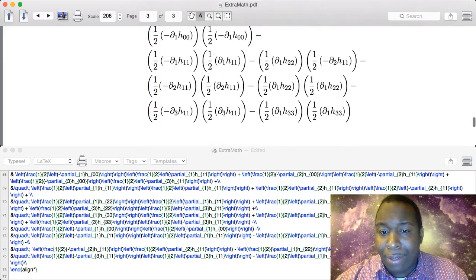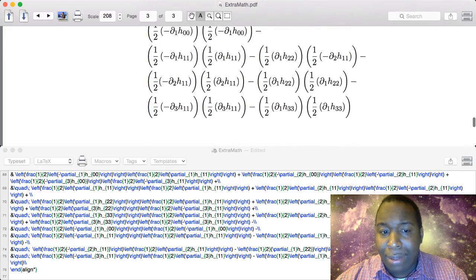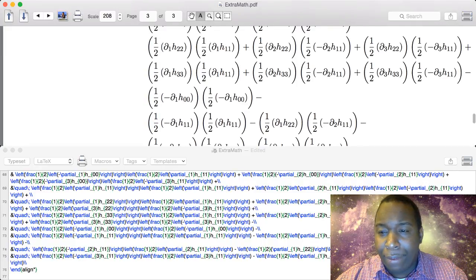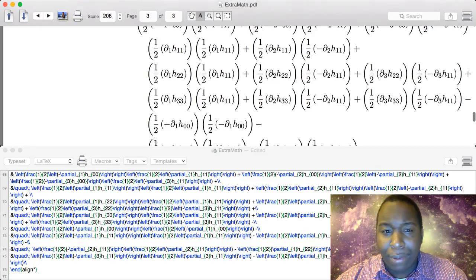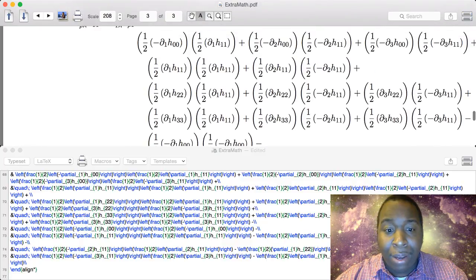All right, so this 133, let's see if it repeats itself anywhere. And so another key thing here, guys, is that the order of these indices is important.